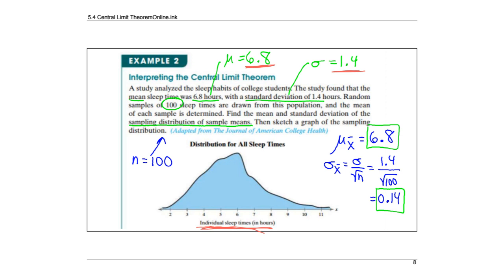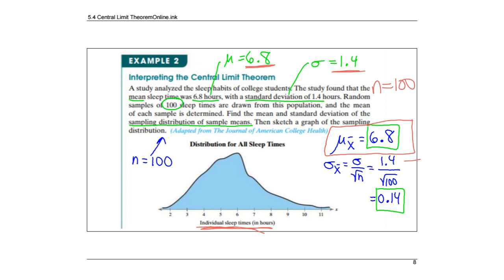For the mean, we're going to take the mean that they gave me up above, which is 6.8. We're not ever going to adjust the mean. For the standard deviation, though, because it's a sampling distribution and n is equal to 100, we have to adjust the standard deviation.